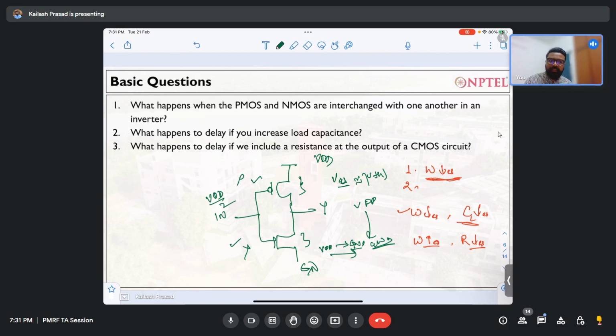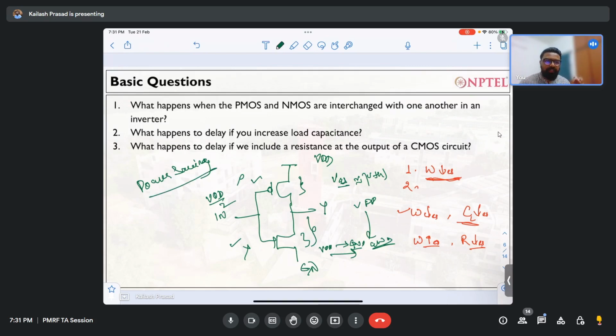You take any gate, NAND gate, NOR gate, XOR gate, whatever gate you take, if the pull down network, which is your NMOS based network, is on, the upper part will be off. And if the upper part is on, the lower part will be off. Because of that, there is a huge power saving. Okay, that's the beauty of the CMOS circuit. That's the reason why we call it static CMOS.